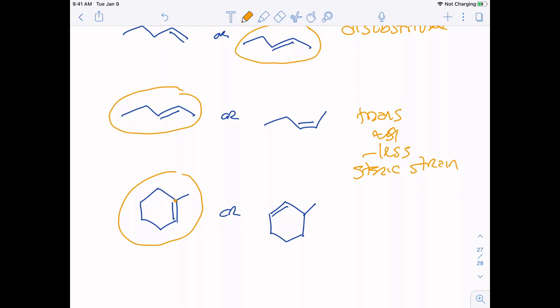This carbon right here is attached to this carbon and this carbon, so that's 2 carbons. And then this carbon is attached to this one, so this is tri-substituted. Where this one is only, my second one, sorry, this one is only di. So the 2 carbons by the double bond, they're attached to this carbon and this carbon, so 2 of them, di-substituted. Again, the more substituted alkene is going to be our more stable alkene.